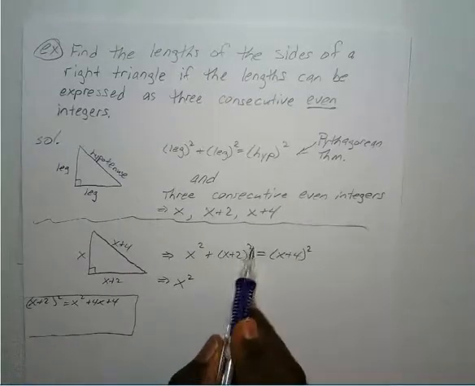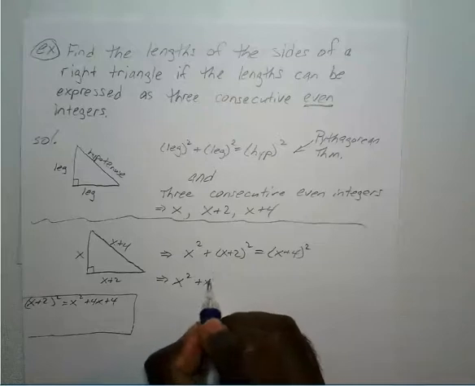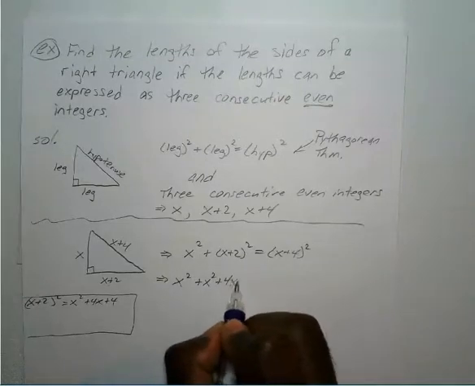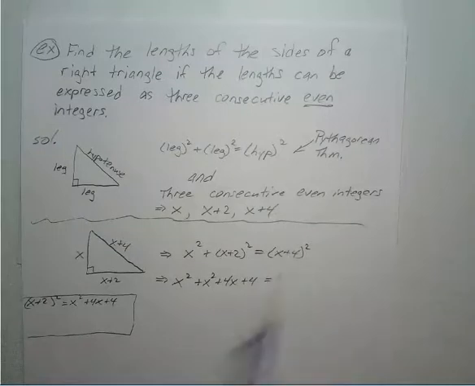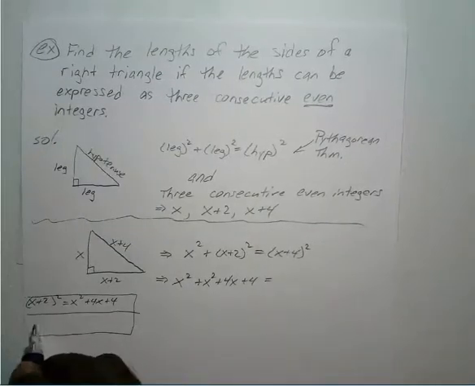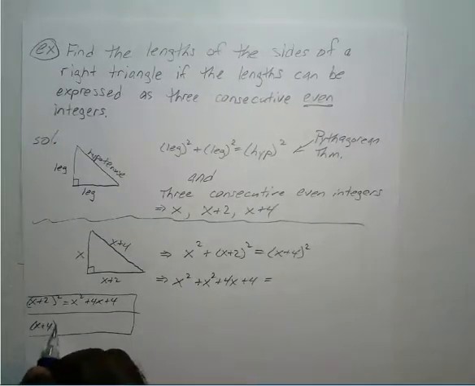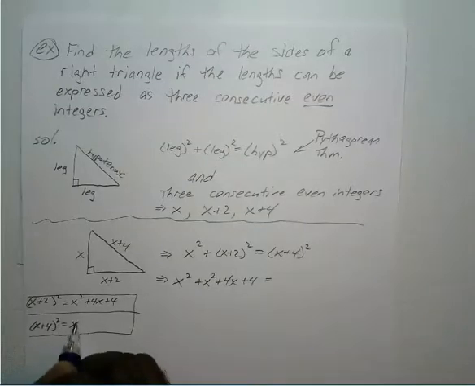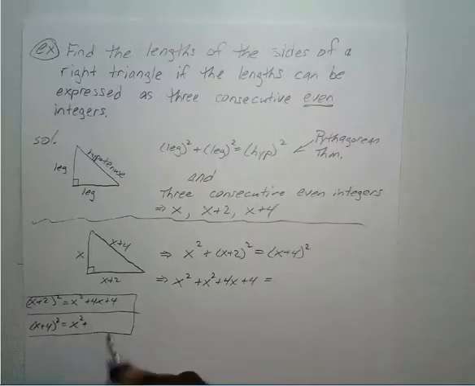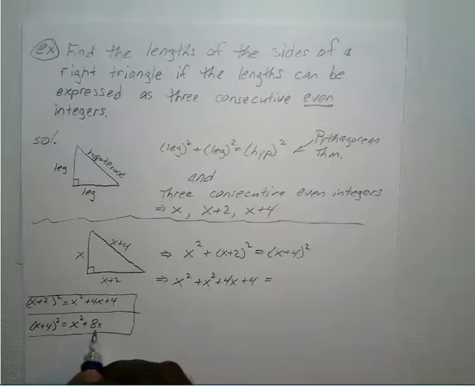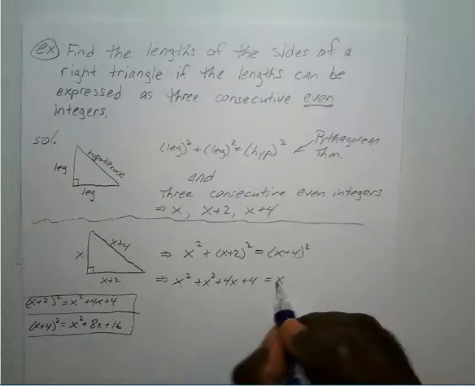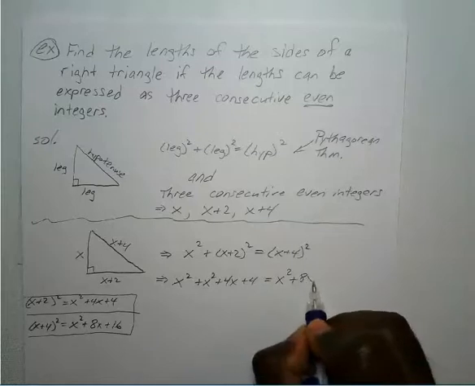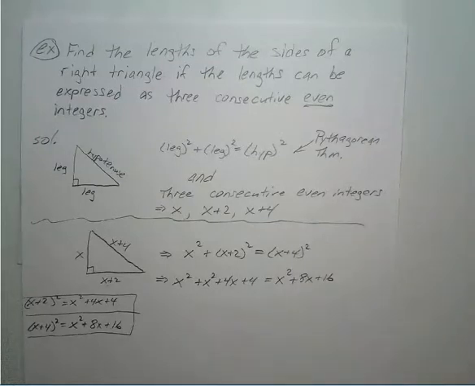So this x plus 2 squared is just x squared plus 4x plus 4, is equal to x plus 4 squared, which is x squared plus 8x plus 16. So it's x squared plus 8x plus 16.